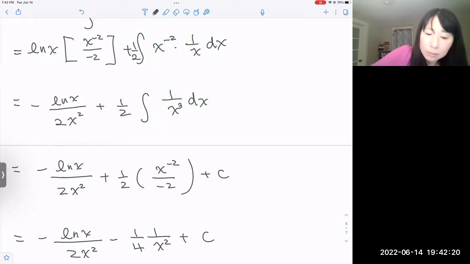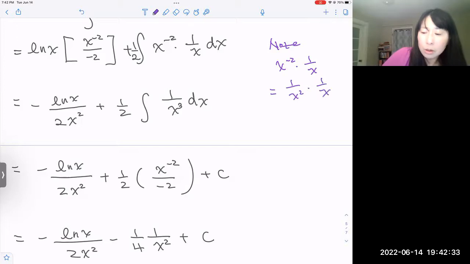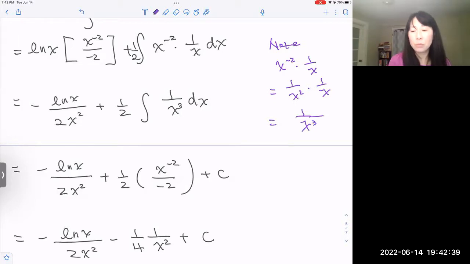Okay, so we have x to negative 2 times the 1 over x, right? So this means 1 over x squared. Or you can say the negative 2 minus 1. You can do that too.